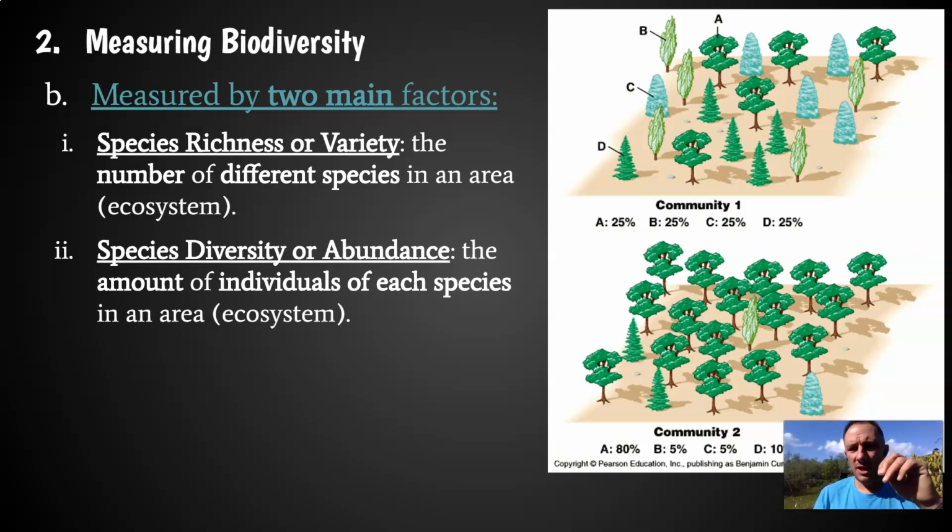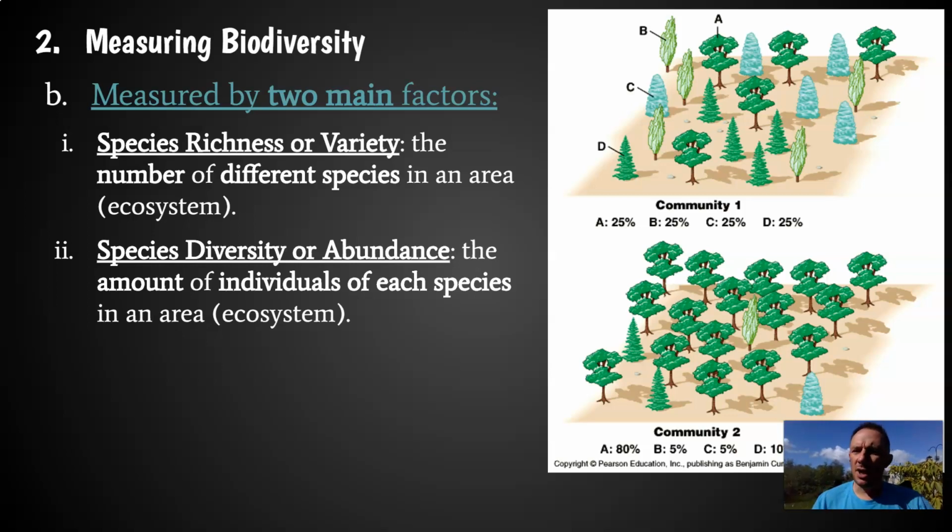So the species diversity, or the abundance of those. I'm really looking now at how many of those individuals are actually there. So I might have what I would say is a high variety, but when you really look at it, you could still have low diversity or abundance within that.